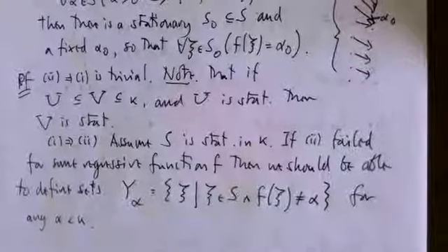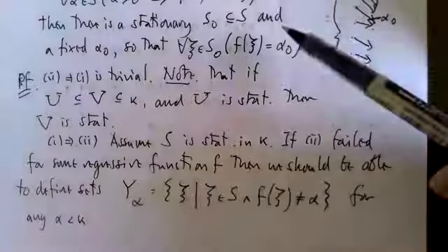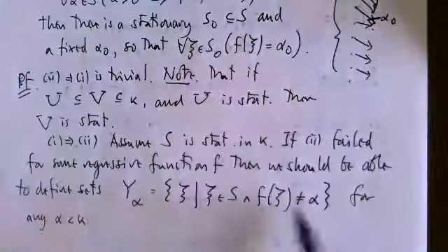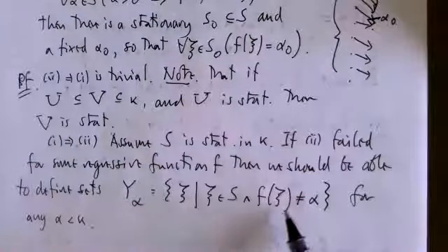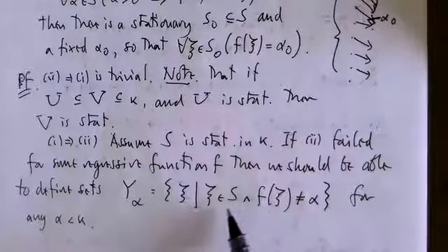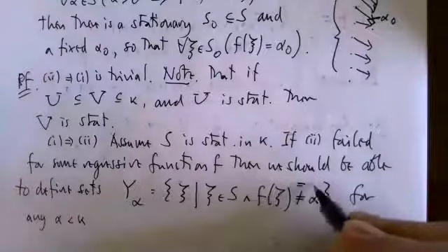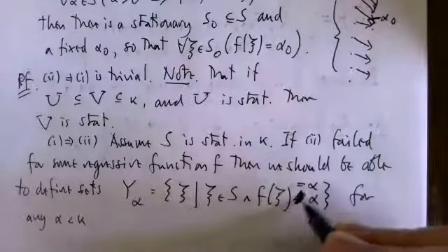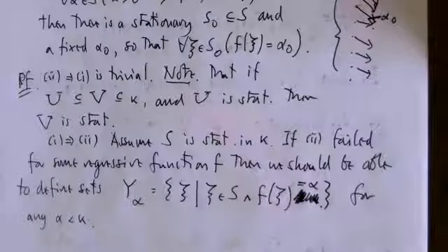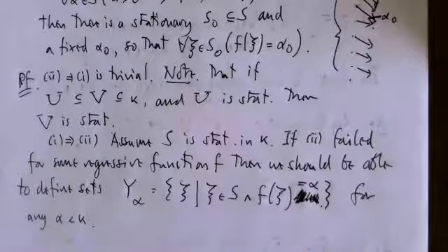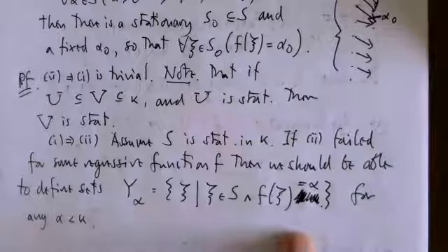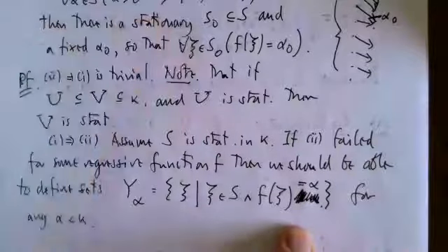If the conclusion fails, it's saying that the collection of elements of S which do go to alpha is not stationary, because that's what the failure of 2 says.